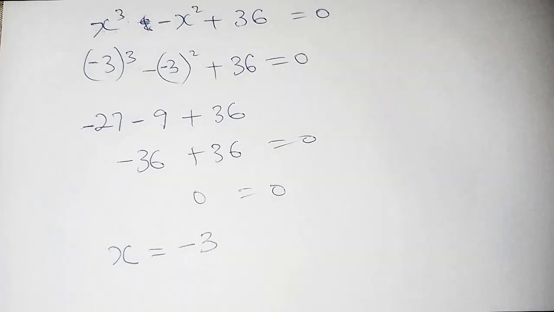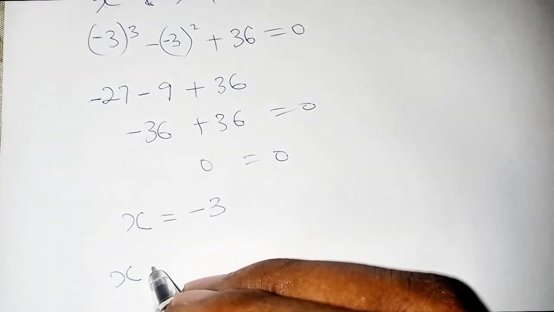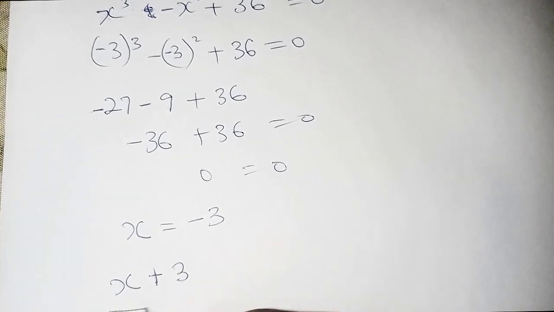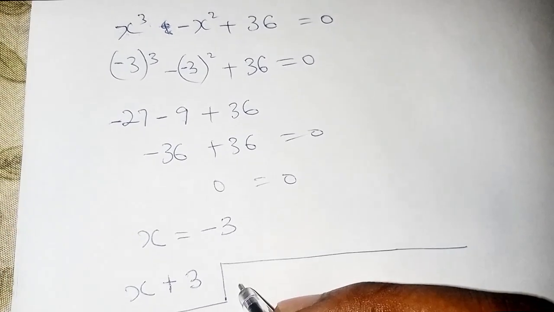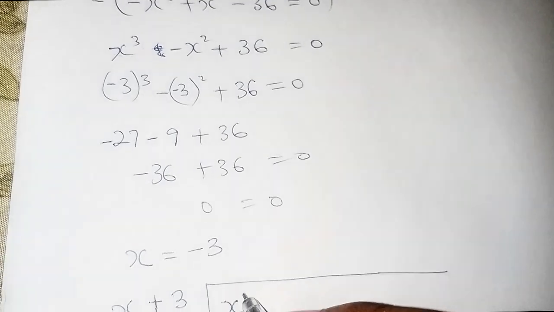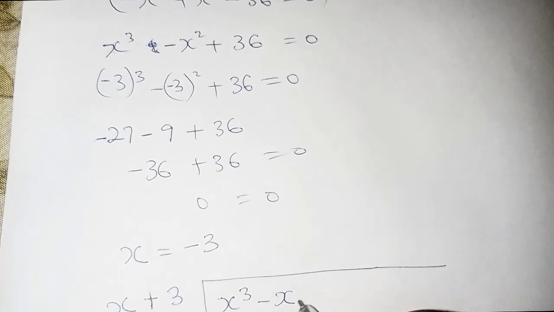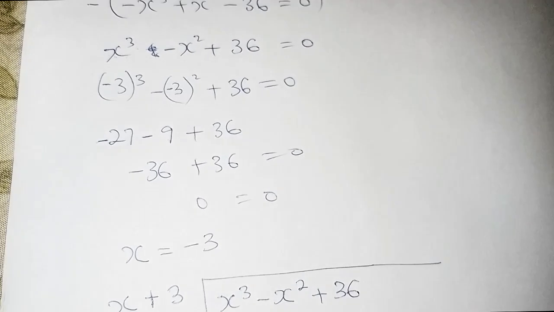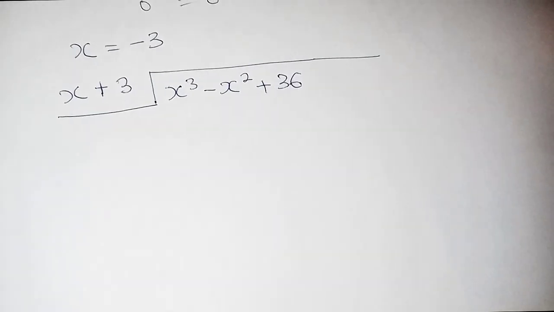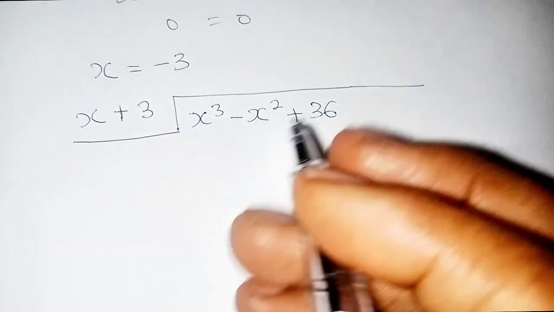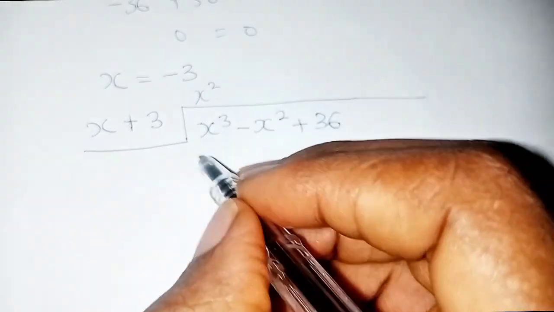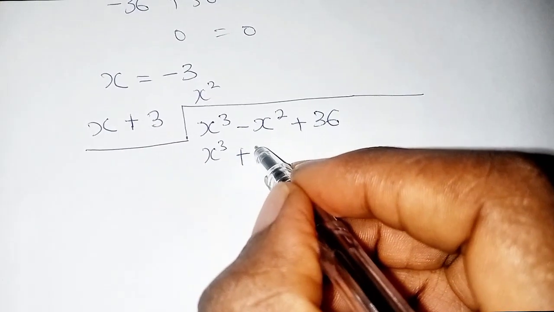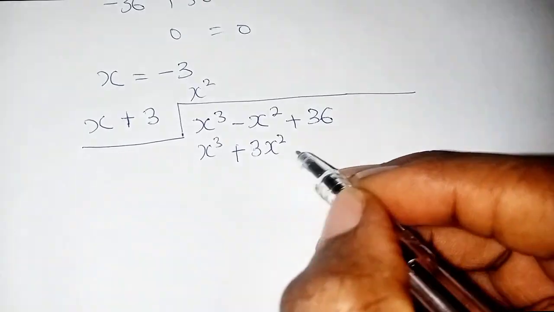So we're going to be making use of x equal to minus 3. And that will be written as x plus 3 to divide this equation, x cubed minus x squared minus 36. Alright, so x into this will give us x squared, x cubed plus 3x squared.